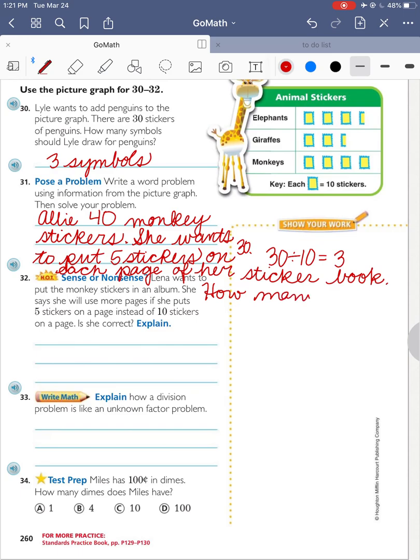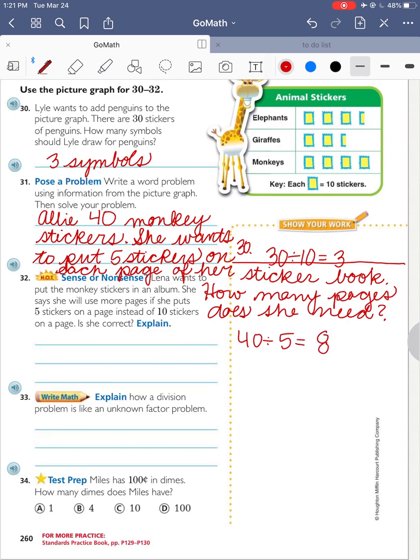How many pages does she need? So 40 monkey stickers divided by 5 stickers on each page gives us 8 pages. So there's the answer for 31.